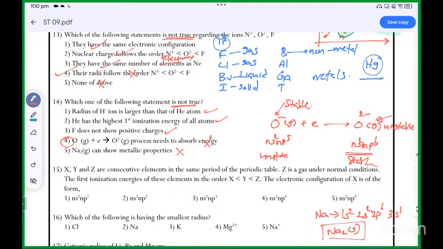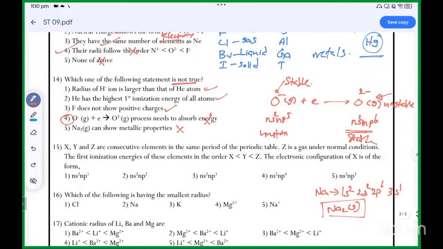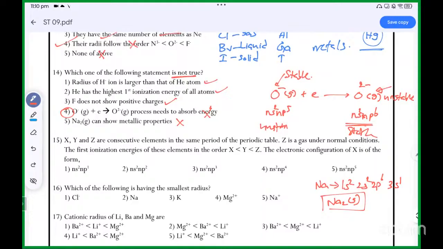Then the 15th one, X, Y, Z are consecutive elements in the same period of the periodic table. Z is a gas under normal conditions. The first ionization energies of these elements are in the order X, Y, Z. මේක ආය අහලා තියෙනවා.